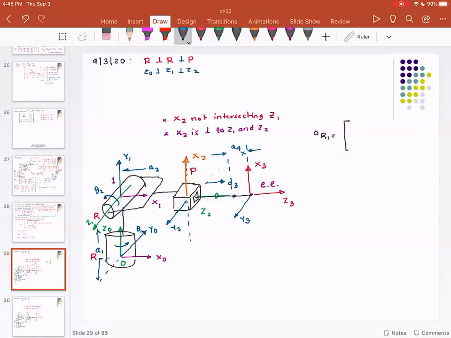And again, just a quick note about the convention. Even though our frame is 0, the variables are theta 1 and A1. Our frame, if it's 1, our axes are x1, y1, z1. Our angular variable is theta 2, and the distance variable is A2.